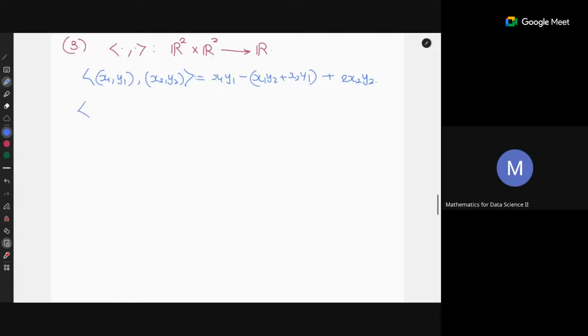Let's check that. Let's take xy and xy. So xy minus xy minus xy plus xy plus 2xy. So what will you get? xy is the answer. Now xy is 0 if and only if either x is 0 or y is 0.